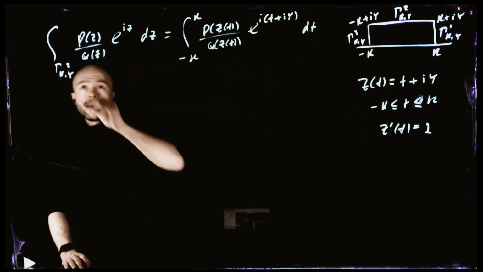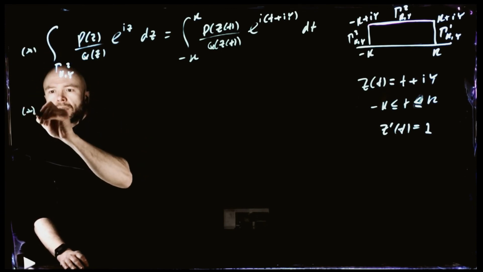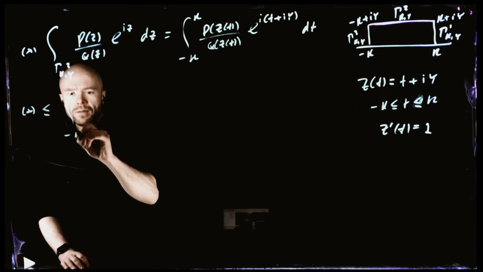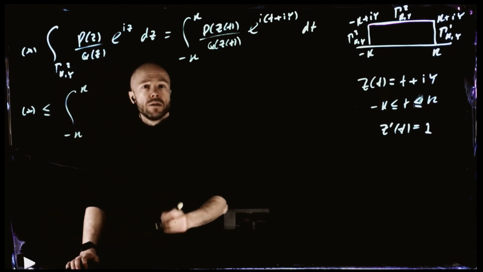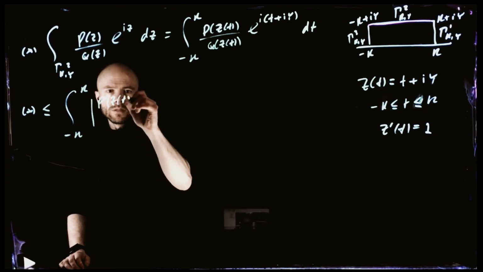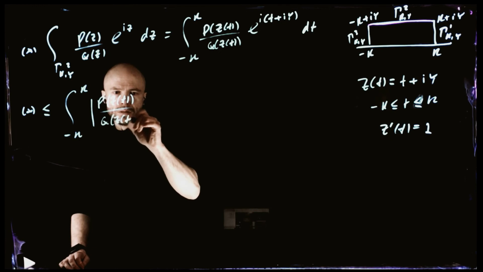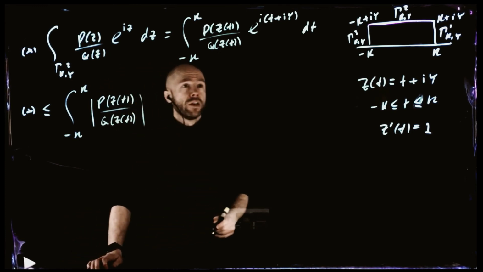All right, so if we take the absolute value inside, so it's minus r to r, we take again the absolute value of this, and what do we get from this thing?